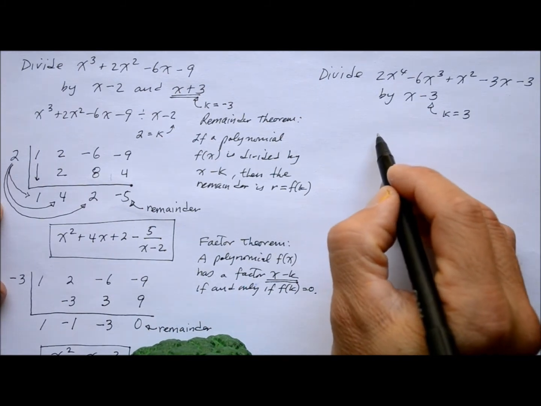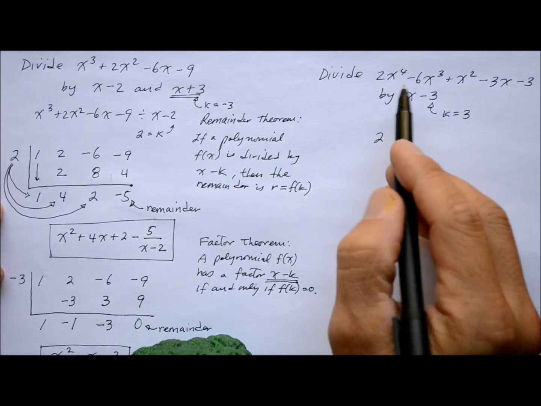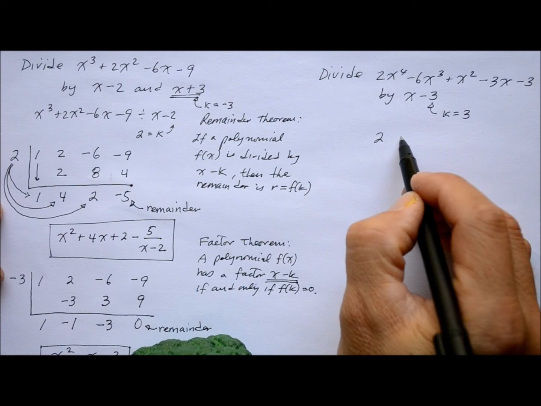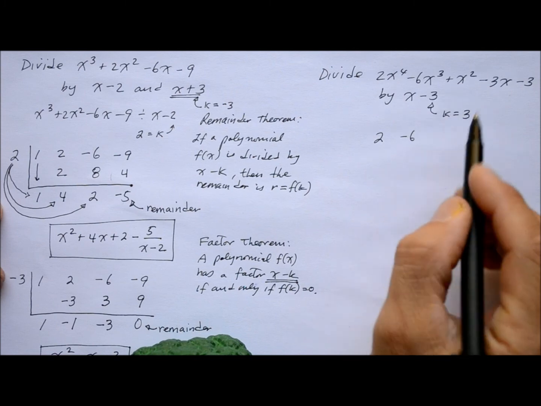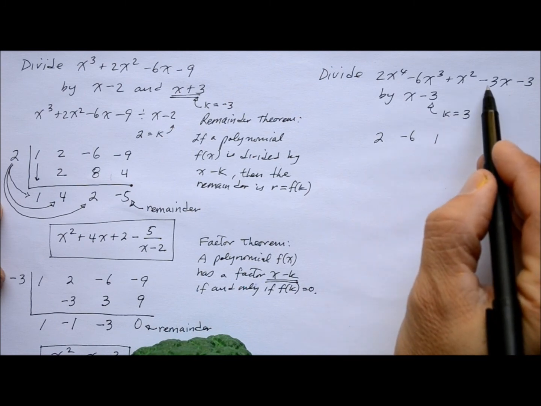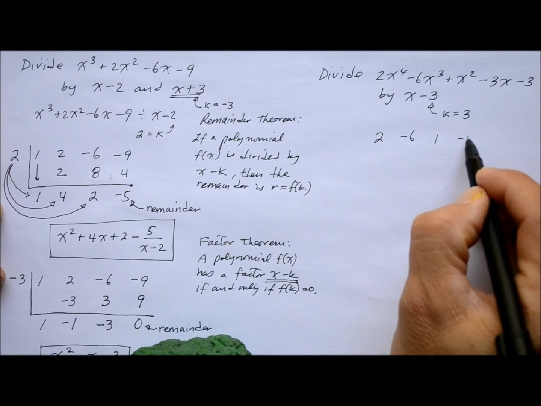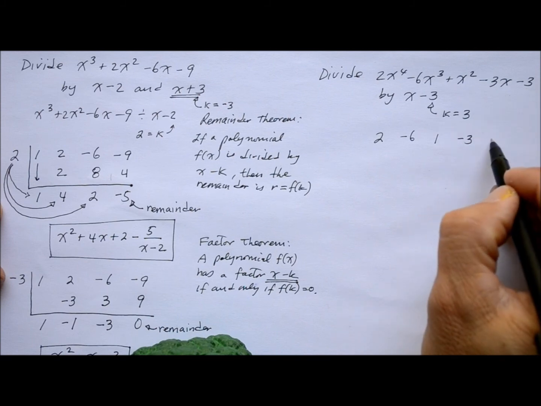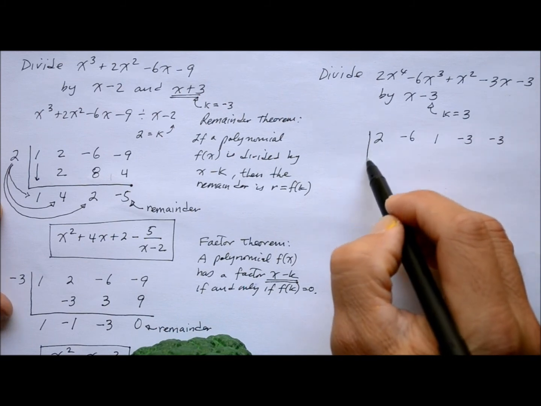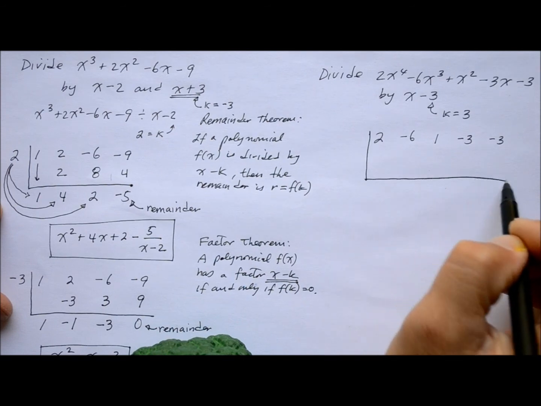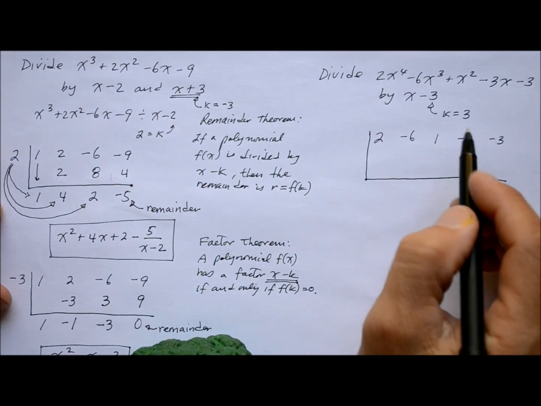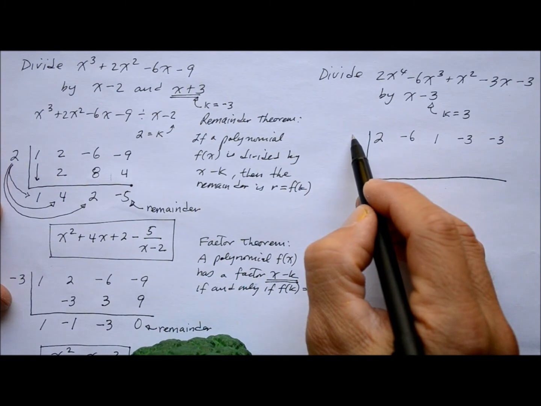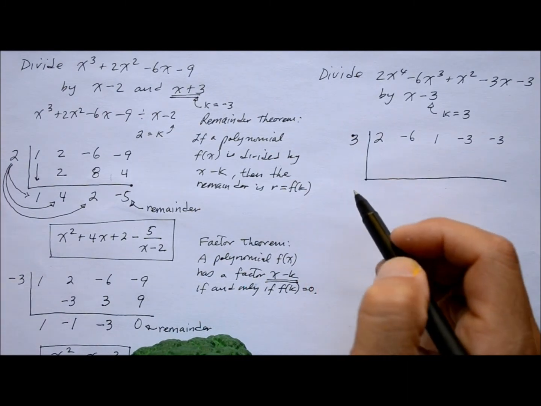So here we go: first the 2, then negative 6, then 1, then negative 3, and finally the constant negative 3. Then we divide using synthetic division with the k outside, which is the inverse of the given binomial factor x minus 3, just the constant 3.